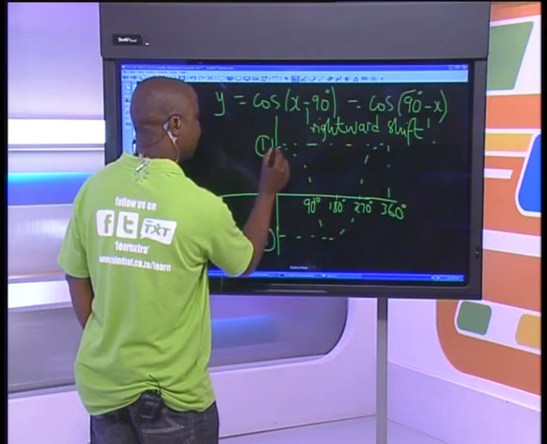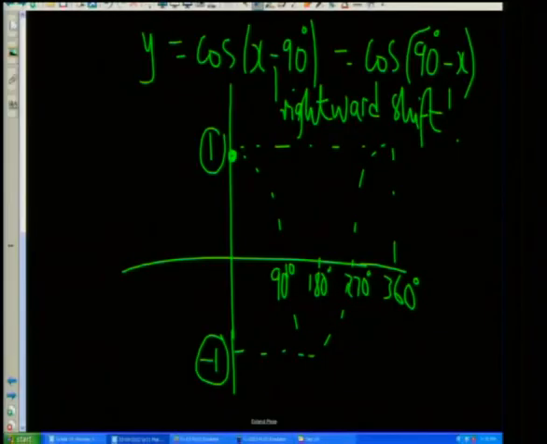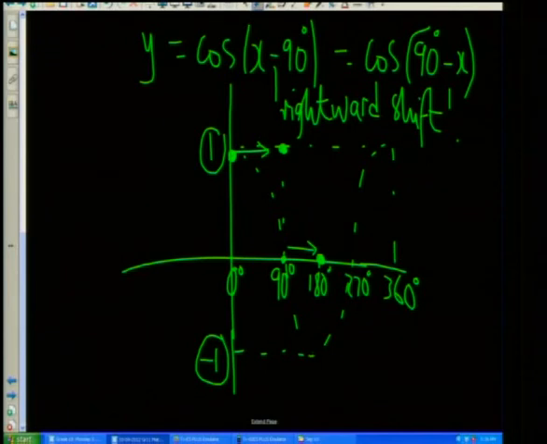So in other words, what used to be a peak at 0 degrees here will actually be shifted by 90 degrees, and that will be our new peak. And followed by that, what used to be 0 at 90 degrees will be 0 at 180 degrees. You'll see this has been shifted 90 degrees again. So every key feature is then shifted by 90 degrees.